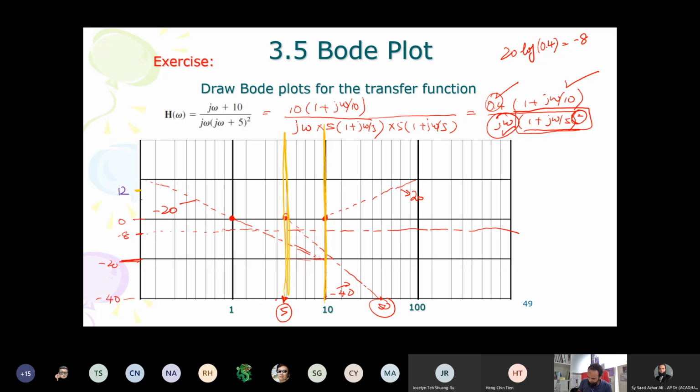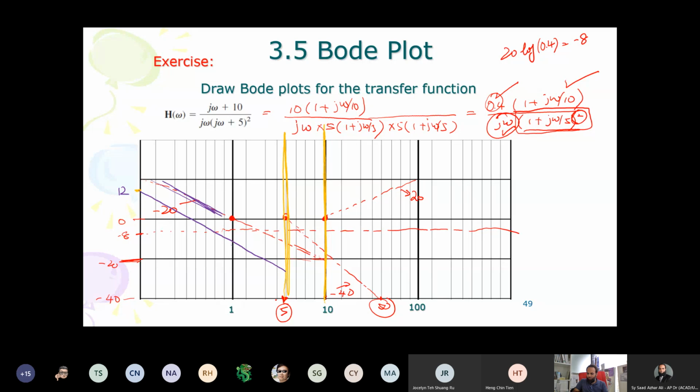Somewhere like this, this slope should be our reference. And if we go until 5, what is the slope of this line? Minus 20 dB per decade.